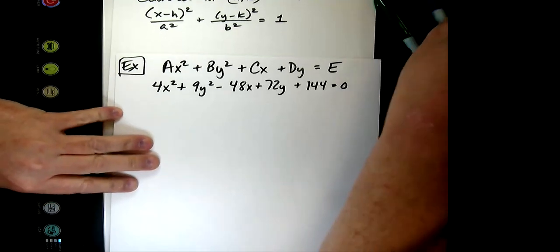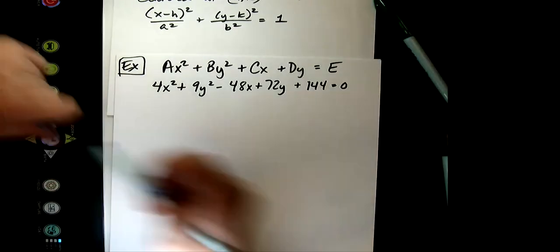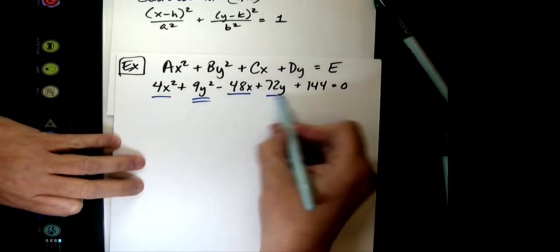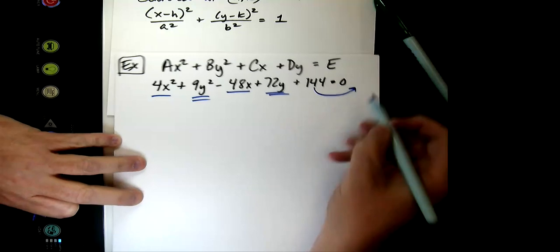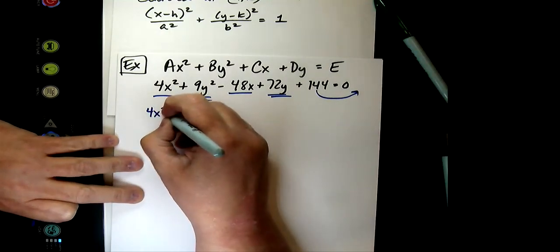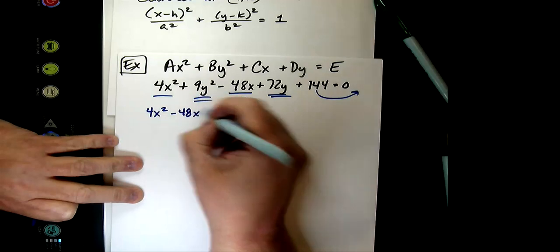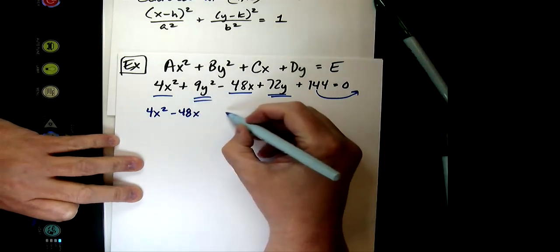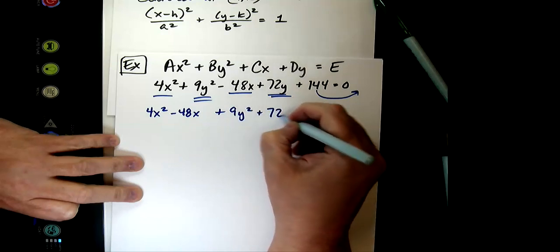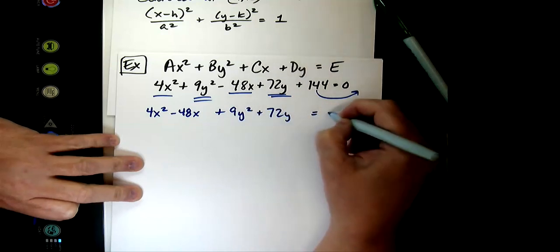First thing you do, put all your x's together and all your y's together, and maybe move that constant to the other side. So I'm going to have 4x squared minus 48x plus 9y squared plus 72y equals negative 144.